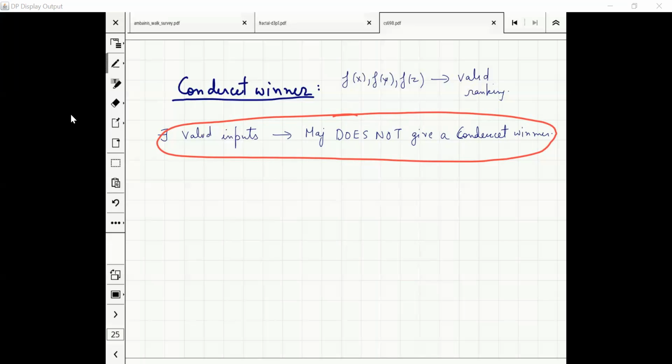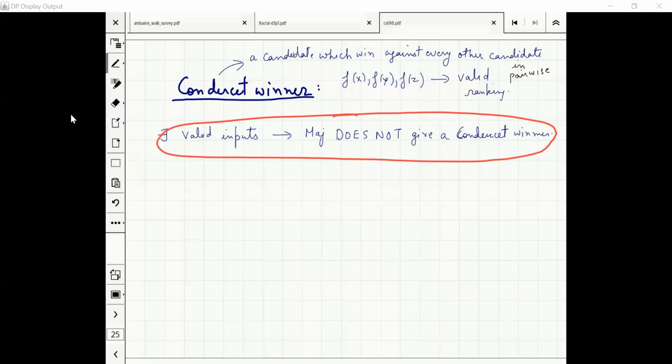A Condorcet winner is a candidate which wins against every other candidate in the pairwise elections. Is that okay?